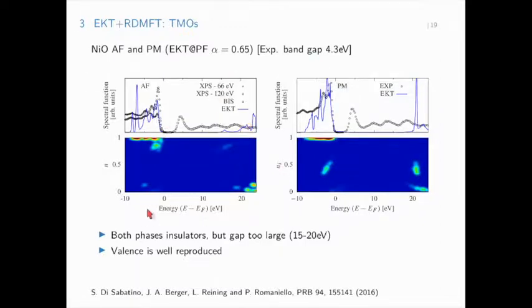And this can be seen looking at the distribution of the occupation numbers, which is reported here with these two color maps. For the antiferromagnetic phase, we see that the band gap opens between states whose occupation numbers are close to 1 and 0, while for the paramagnetic phase, we have an important contribution also from states with occupation numbers around 0.5.